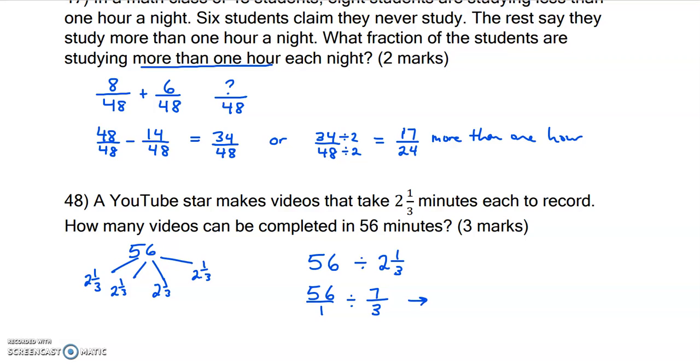And we know that we need to change this now. 56 over 1 changes to multiplying by 3/7. We can cross reduce here, leaving us with an answer of 24. So we can have 24 videos completed in that time frame of 56 minutes.